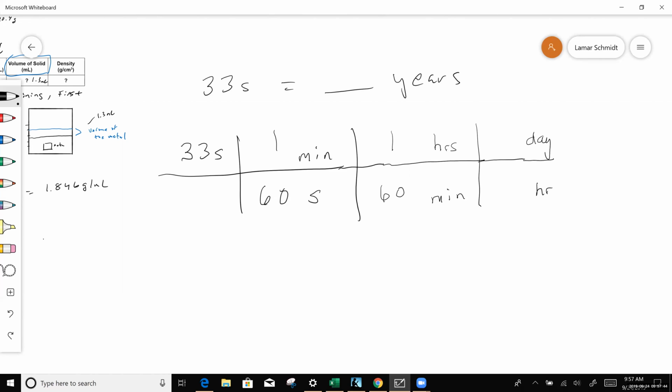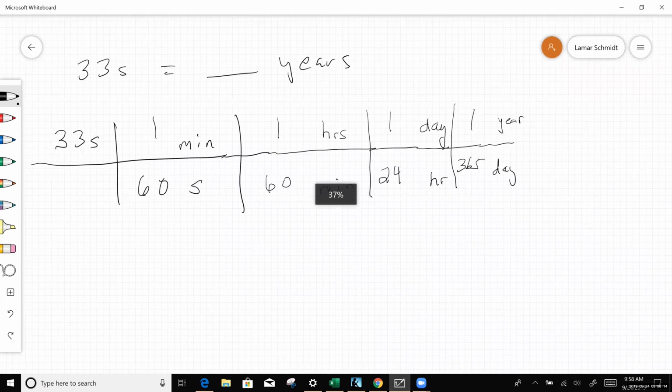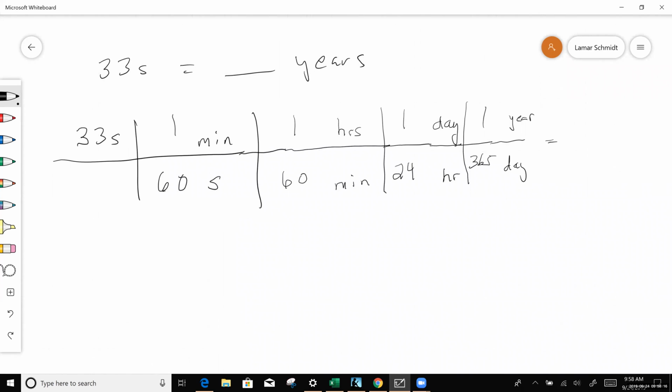Day. How many hours? 24. How many days? 1. And then what unit goes down here? Day to what? Year. How many days are in a year? 365 days is 1 year.